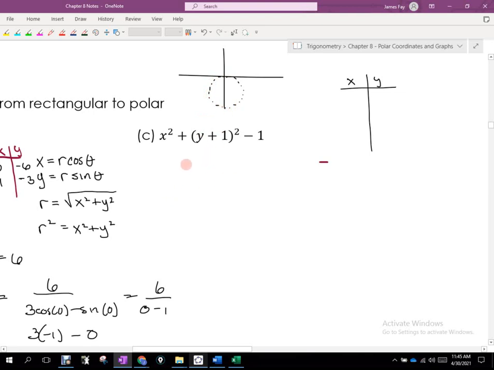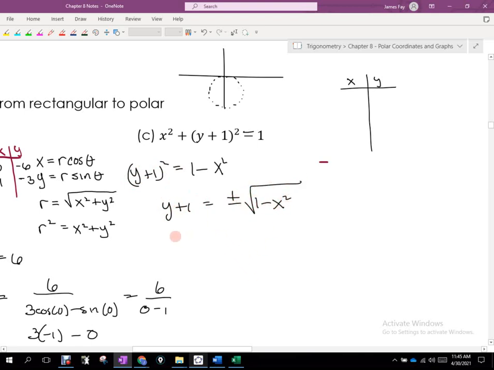You probably solved it for y, and what you ended up doing is you would have something like 1 minus x squared that's equal to y plus 1 squared. So you take the square root of both sides. That's where we get plus or minus.